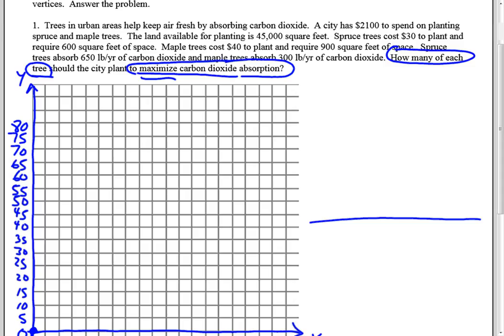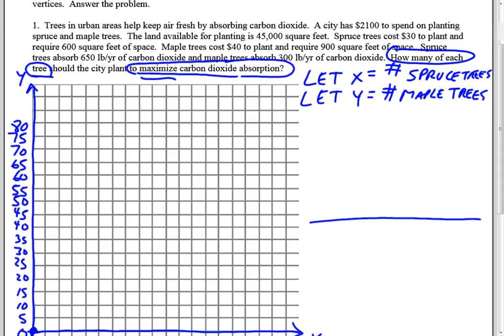Since we are looking at 2 different trees, up above, I'm going to write let x equal and let y equal. What are the 2 types of trees? Spruce and maple. Number of spruce trees, number of maple trees.